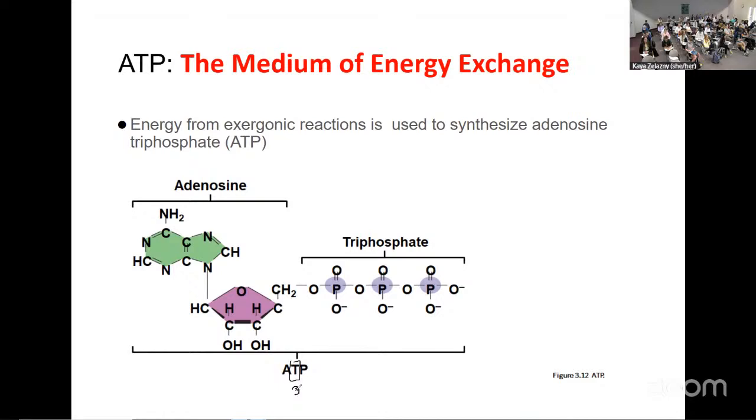That triphosphate is talking about these 3 phosphate groups here. Those 3 phosphate groups are in ATP. ATP is holding energy in the bonds between those phosphate groups, in the covalent bonds.